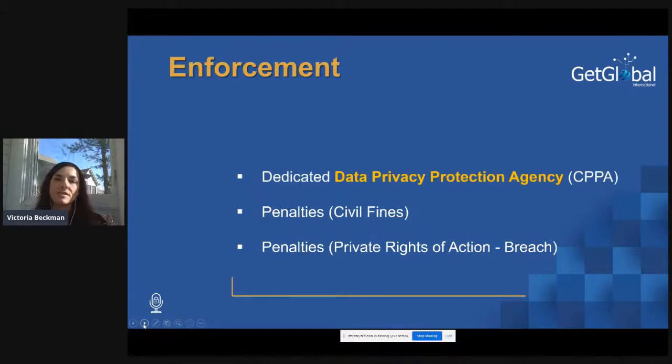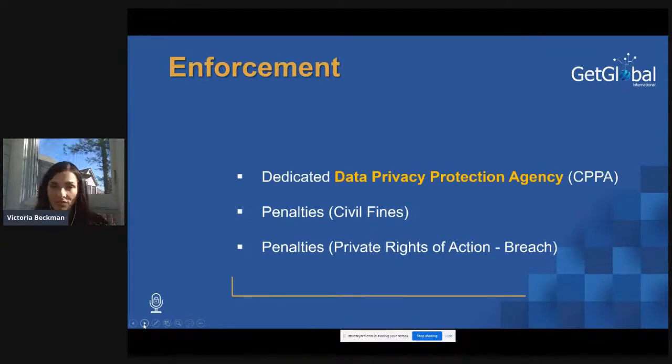But basically here, it will create a data privacy protection agency that will be a dedicated agency. It will have different funding, and it will take over from the Attorney General's office the enforcement of the California Consumer Privacy Act, CCPA, as amended, and then will also enforce the CPRA.